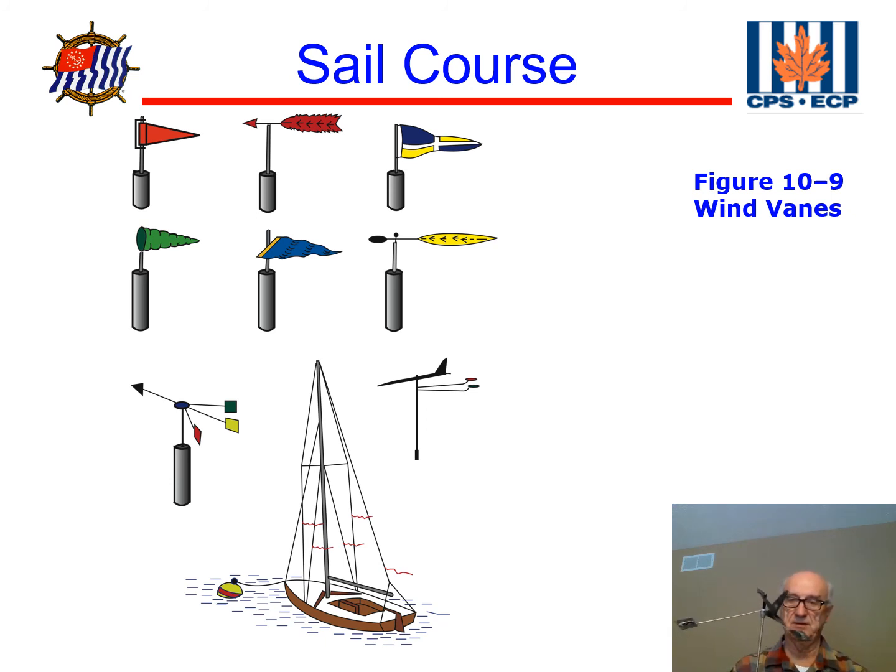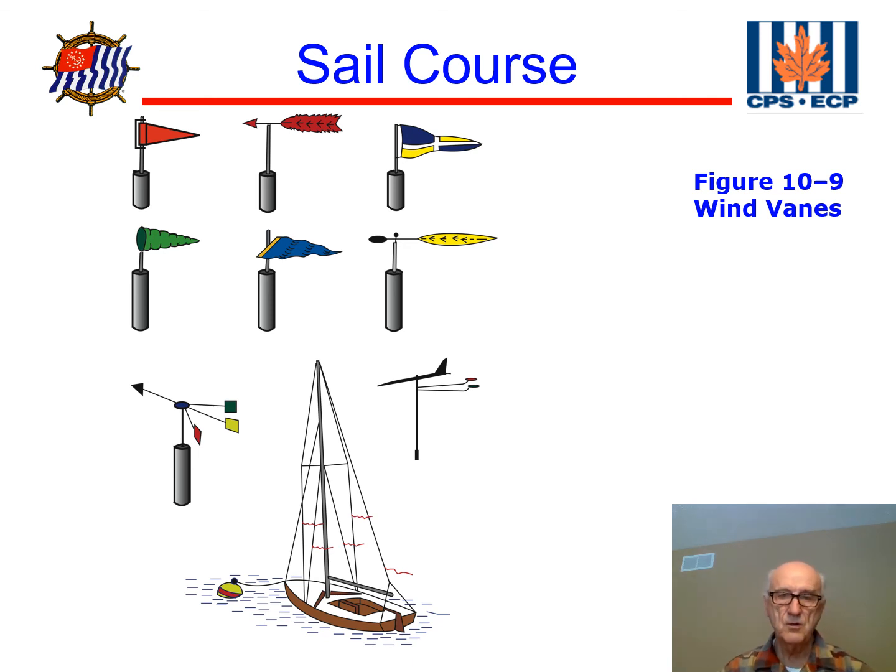This is my example of the masthead that's on the top of one of my boats. It's up there and it's very, very sensitive. So if you just blow on it, just a tiny bit of breath of air, it'll react to that change. The masthead indicator also has this V thing that you can sort of see. What that helps us know is when we're inside that no-go zone where we're sailing too high into the wind. I use that frequently to see whether I'm sailing optimally upwind or not.